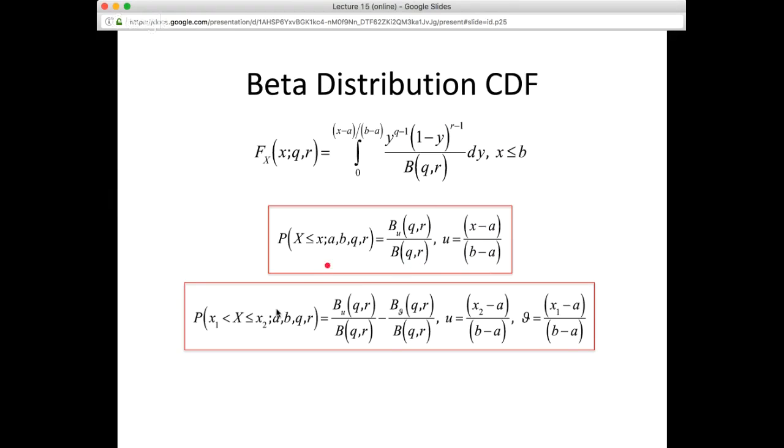And likewise, if we were interested in the probability that the random variable was going between two bounds, x1 and x2, we would just take the CDF for the upper bound, that is x2, and subtract from that the CDF for the lower bound, x1. And that's what I've done here.